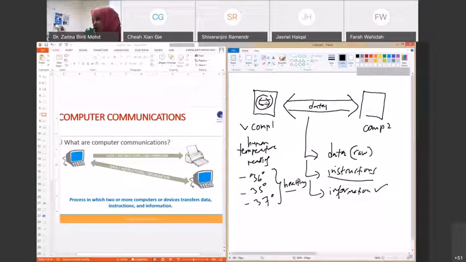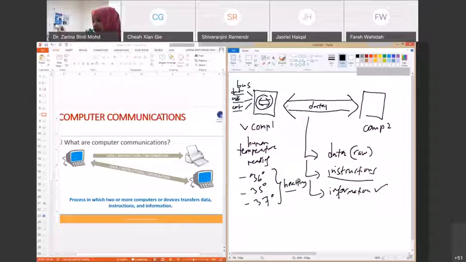As you have gone through, the data processed inside the computer can be divided into three types, based on the buses we looked at before: data bus, address bus, and control bus. These are three different types of data circulated inside the computer.